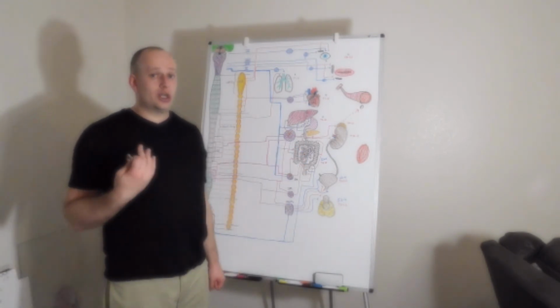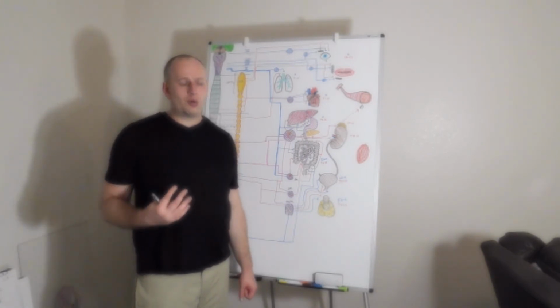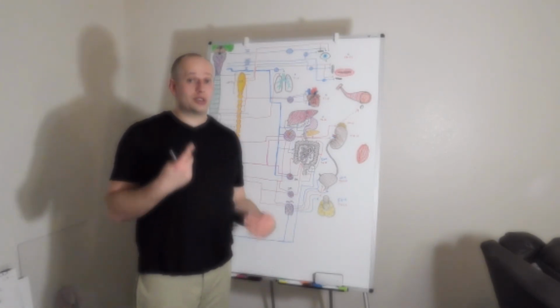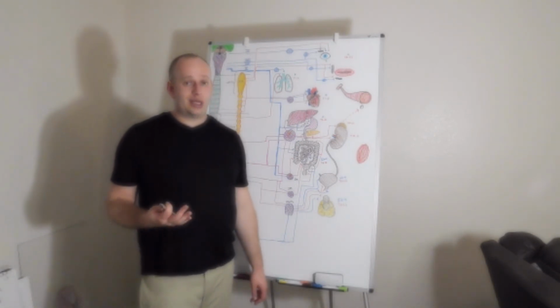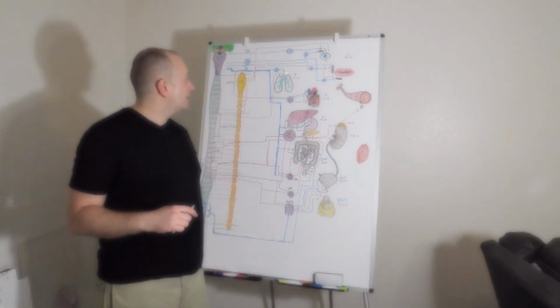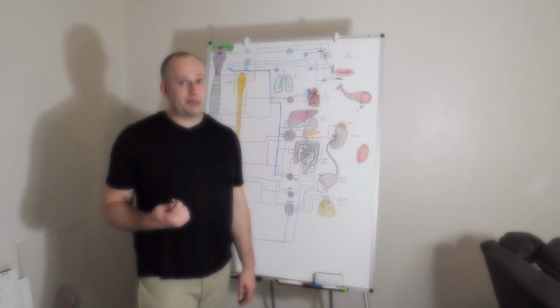So less air moves through, but I think in that case there's a higher likelihood of mucus being able to move up and out of your lungs. But in the case of asthma, that's very severe, and that can cause you basically not to be able to breathe, which is a bad thing.